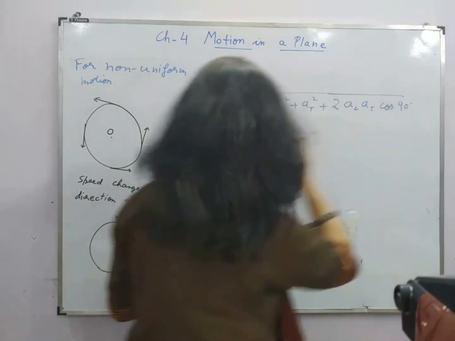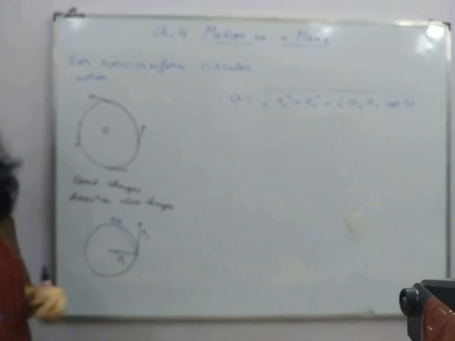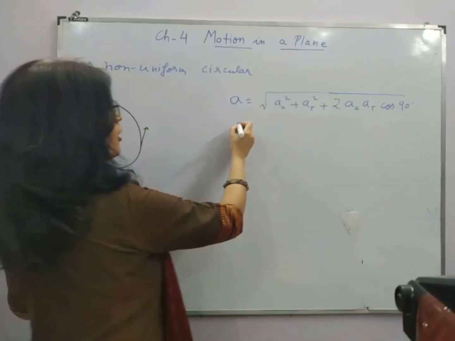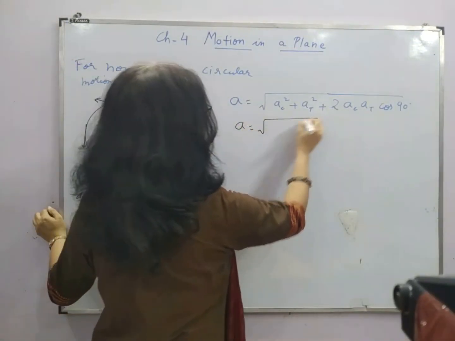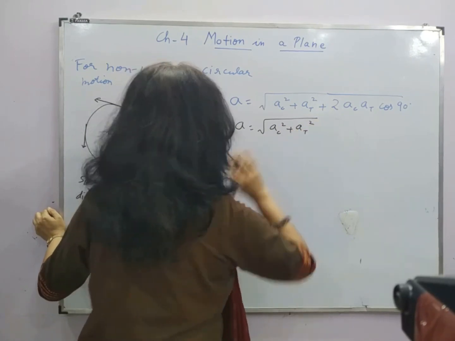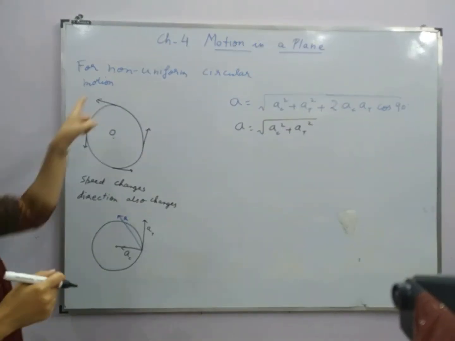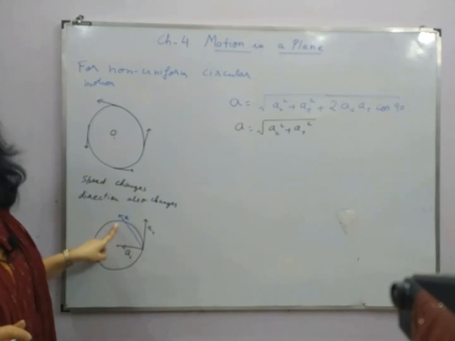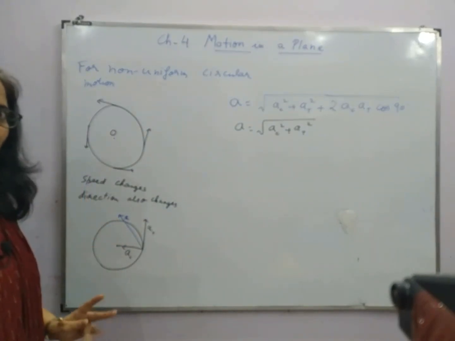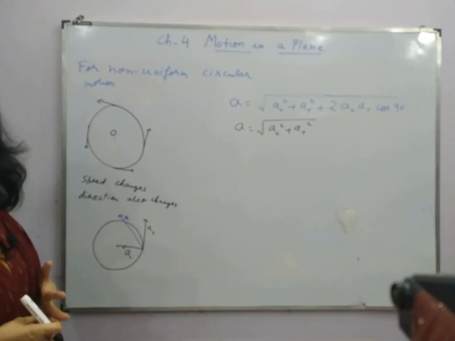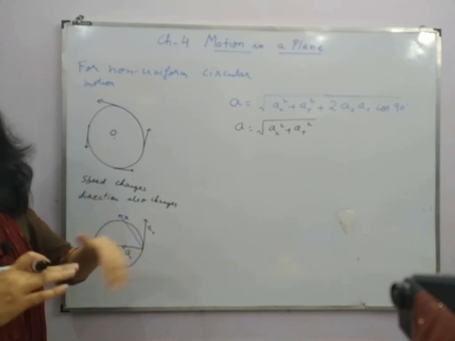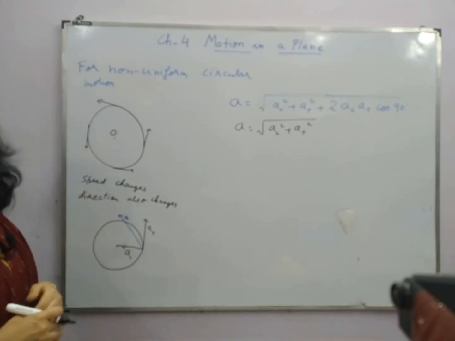How much is the angle between AC and AT? That is centripetal and tangential acceleration. This is 90 degree. So your formula reduces to under root of AC square plus AT square. A very important result from here. For non-uniform circular motion, the resultant acceleration is not towards the center, but for uniform circular motion, the resultant acceleration, that is centripetal acceleration only, because in that case tangential acceleration is not there, that is towards the center.